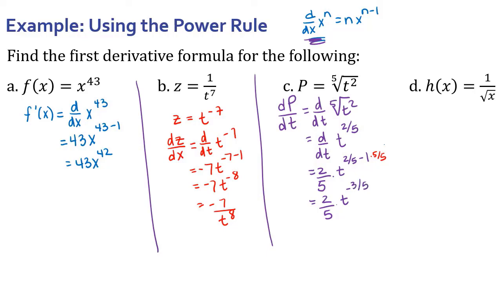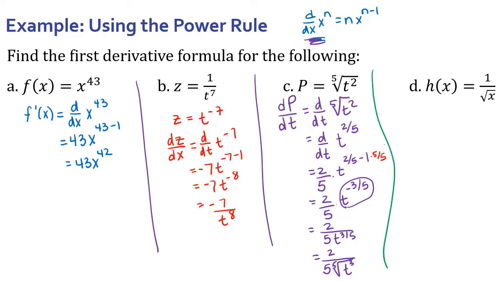Again, I want to make sure that I'm writing it with positive exponents, so I'm going to move this term into the denominator so I can make that exponent positive. So 2 over 5t to the 3 over 5, and then let's go back and rewrite this as a radical, since that's what I started with. That's going to be the 5th root of t cubed.